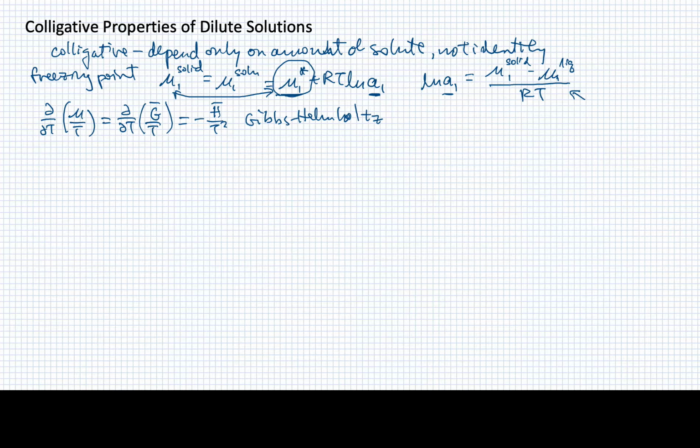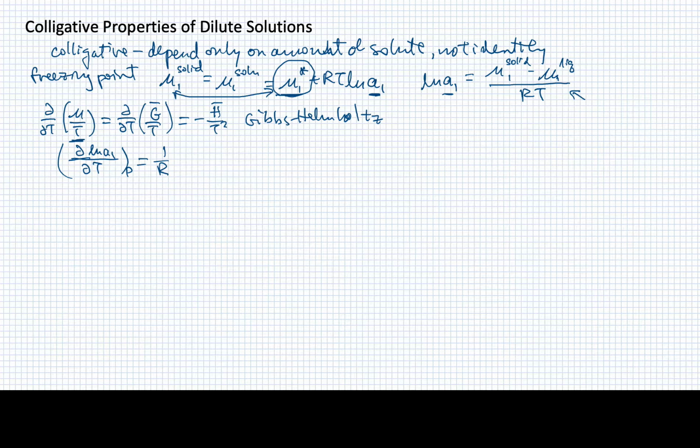So now if I take the derivative of the log of the activity with respect to temperature, and we'll do all of this at constant pressure, it's going to be equal to 1 over R. That's a piece that I did not include in this expression here.